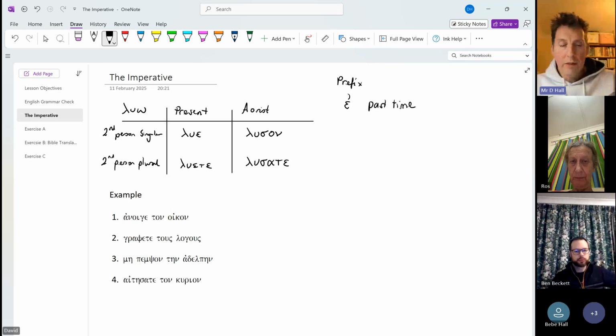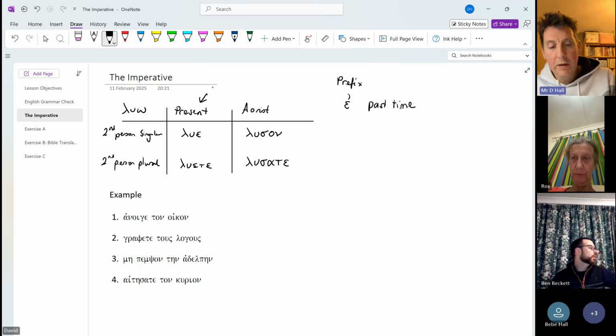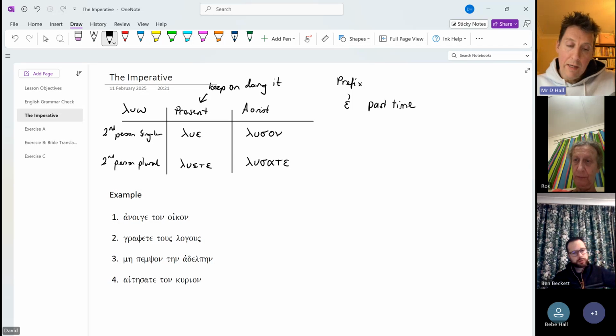So the same applies in the imperative, right? The present tense has a kind of keep on doing this, right? It's got that idea of a continuous process. Okay, the command is keep on doing, whereas the aorist is undefined. It may well say do it once. It may well not necessarily give any indication whether you're supposed to do it lots of times or whether you just have to do it once or not.